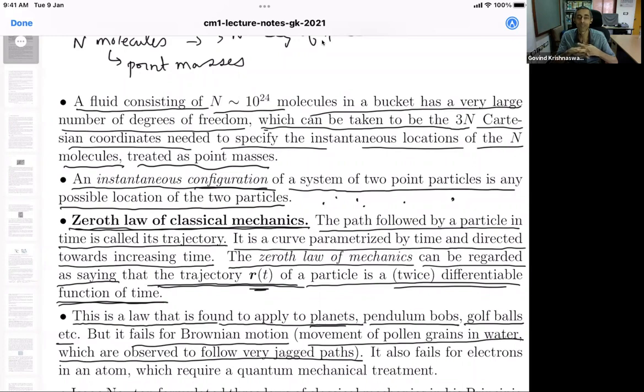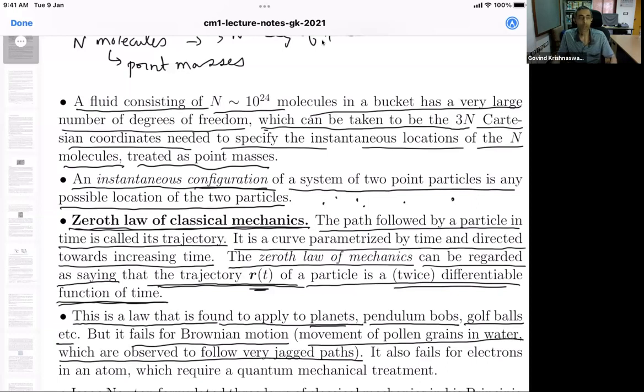The question is whether there is a significant part of the motion that can be modeled. The words are very important here. Significant part of the motion that can be modeled as a twice differentiable curve. If there is, then this law is valid, and then we can work further, build a foundation on this law, and make further assumptions or deductions.